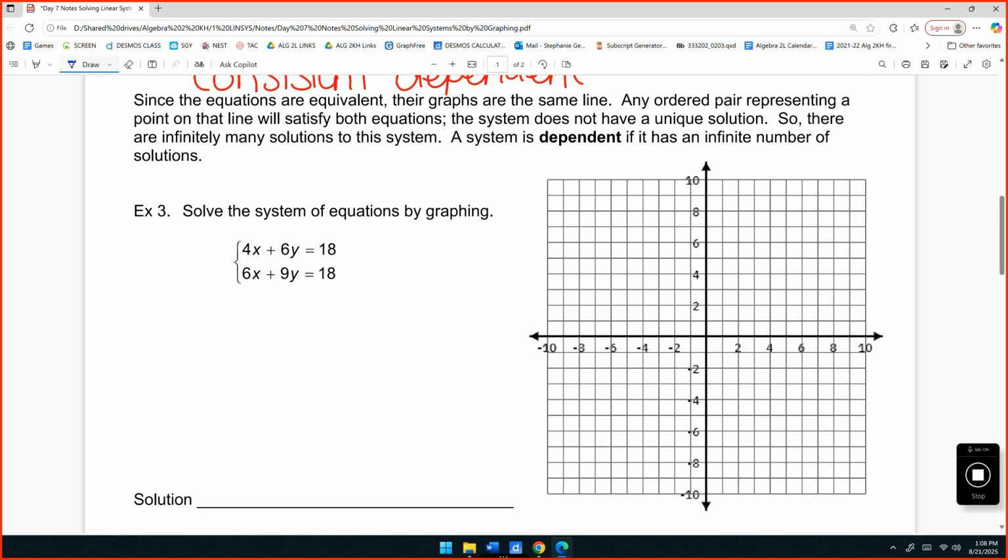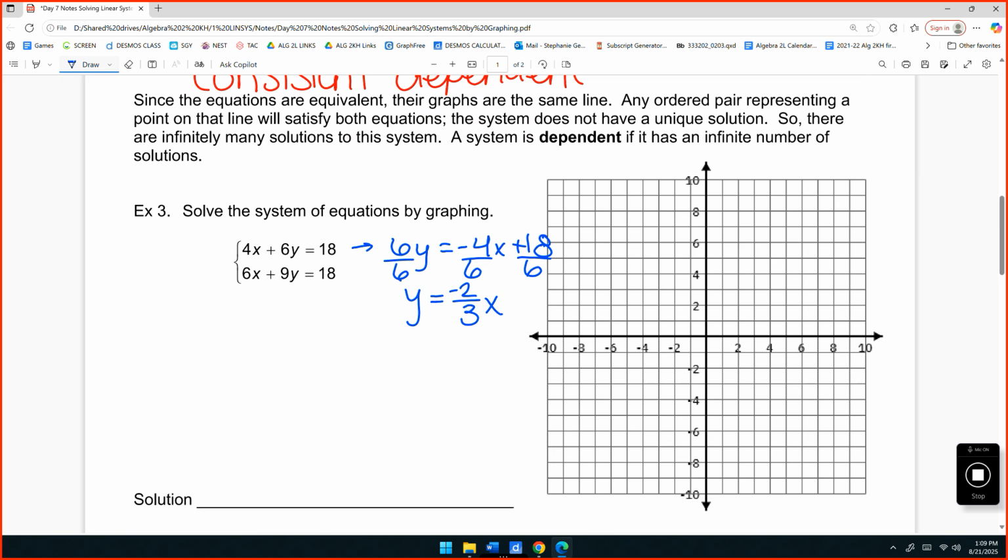And let's put them in slope-intercept form. I'm going to convert both of these into slope-intercept form. So we would move the x on the other side, right? So 6y equals negative 4x plus 18. And then divide by 6. So we get y equals negative 4 over 6 is negative 2/3 x.